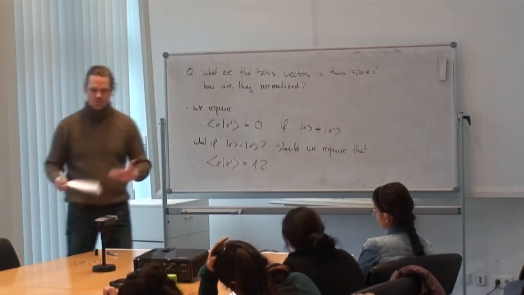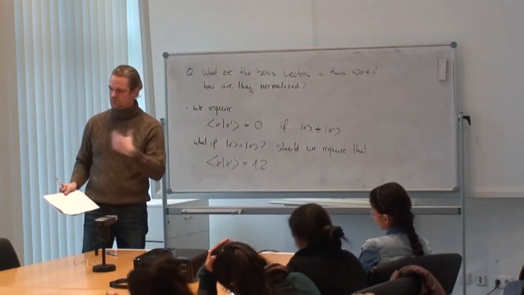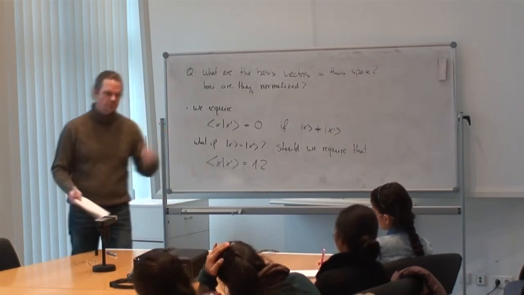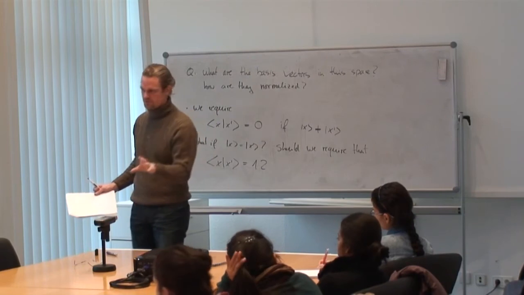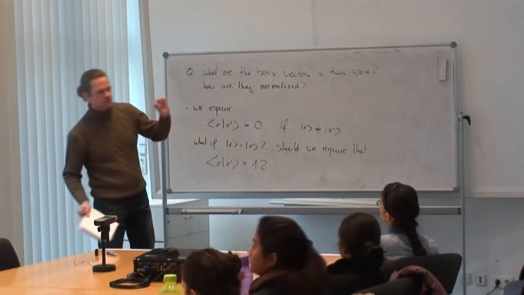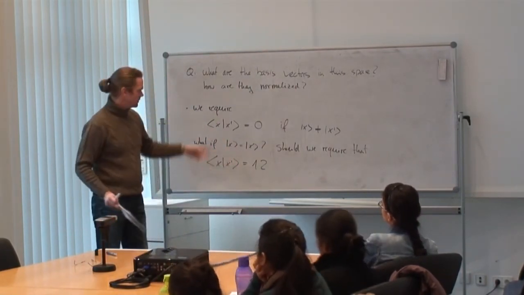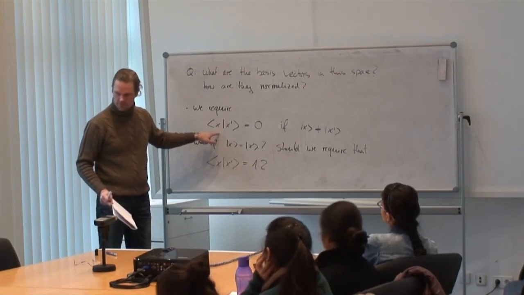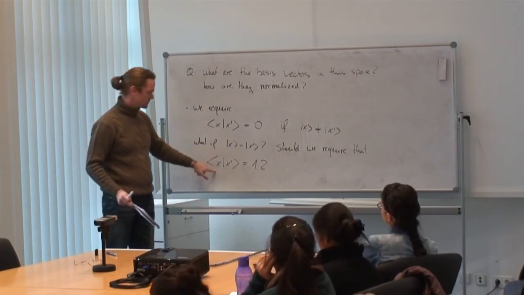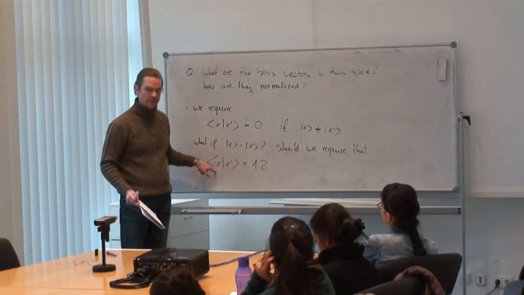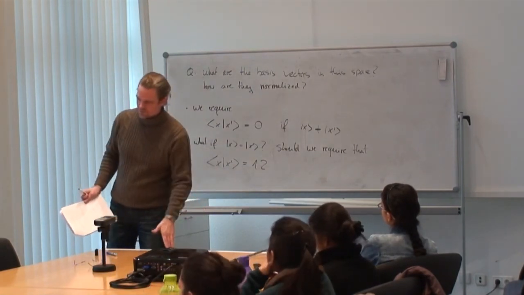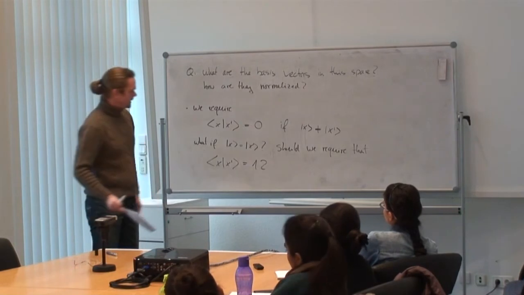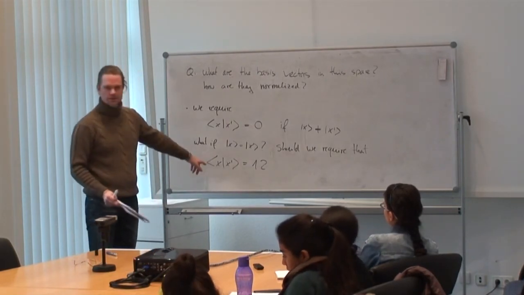This would be the natural thing, because this is what we have been doing so far. So far, in all our finite dimensional vector spaces, we said, well, if we are given two basis vectors, we want the inner product to be 0 if they are different, and we want the inner product to be 1 if they are the same. Now, we are talking about infinite dimensional vectors, and it turns out that this does not work there.